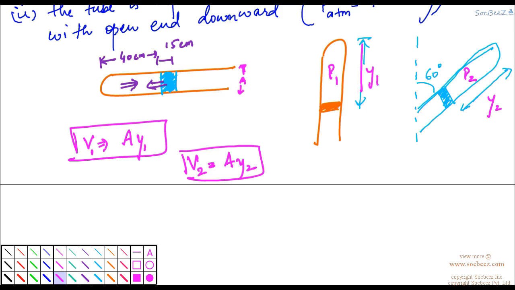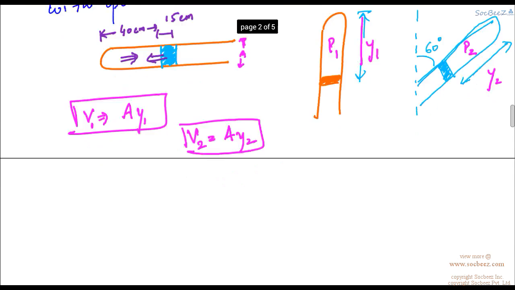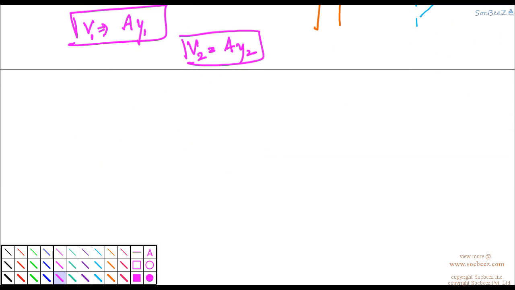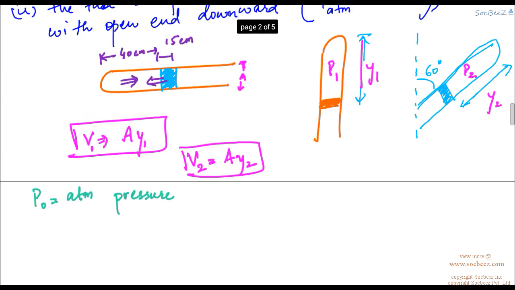Okay, now we can equate the pressures on both sides, that is the pressure exerted by the mercury and the pressure exerted by the gas. So let's assume that P naught is equal to atmospheric pressure, which was the case in the horizontal situation.